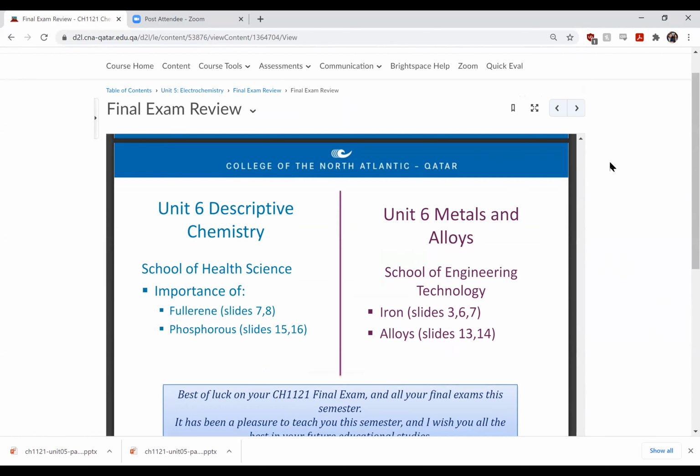basically, guys, if you are a health science student, you need to look at 4 slides. If you are an engineering student, you need to look at 5 slides. I'm sorry, there's 1 extra for you guys. That's it. You just need to look at 4 and 5 slides respectively.